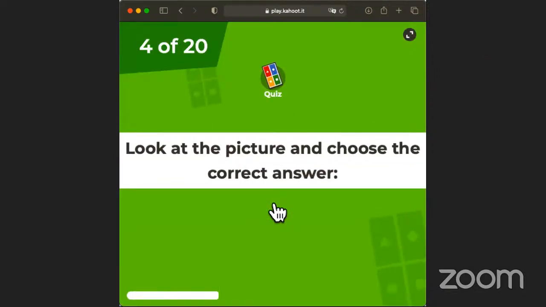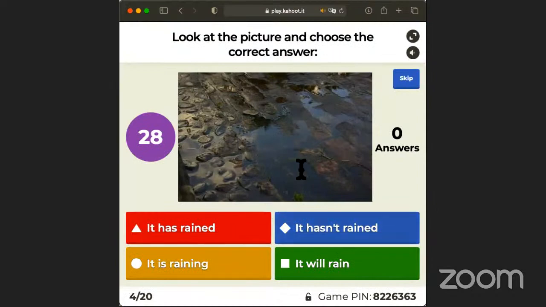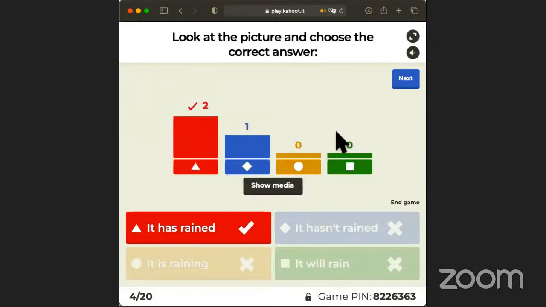Let's see next. Look at the picture and choose the correct answer. It has rained. It hasn't rained. It is raining. It will rain. Look at the picture. All right.